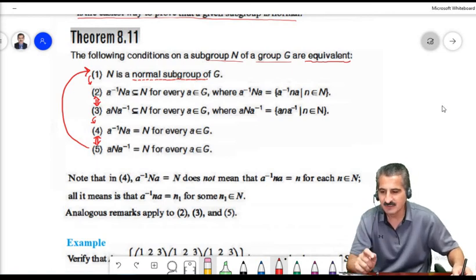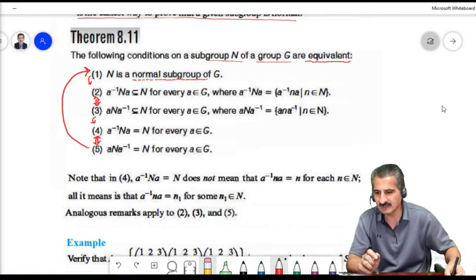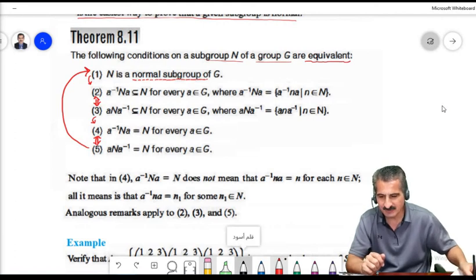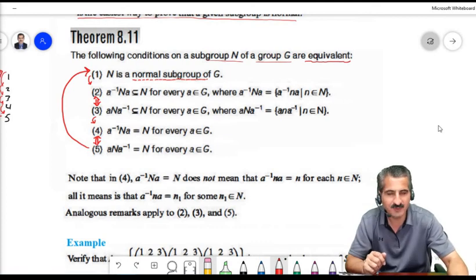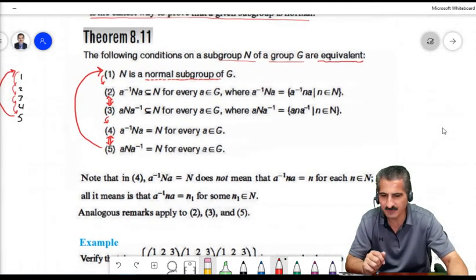Okay. Because in proving things are equivalent, in general, if you have 1, 2, 3, 4, 5, what you need to prove is 1 goes to 2, 2 goes to 3, 3 goes to 4, 4 goes to 5, and then you go back and say, okay, 5 goes to 1, and this is the way you prove things are equivalent.